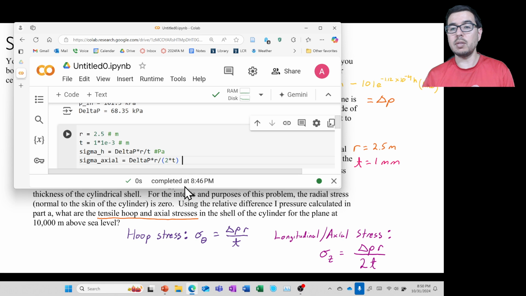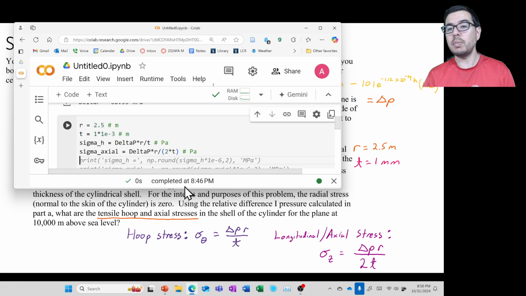I could have just taken sigma H and divided by 2, but I'm just rewriting the equation out. Does this all look good? Yeah. So let's see what we get.